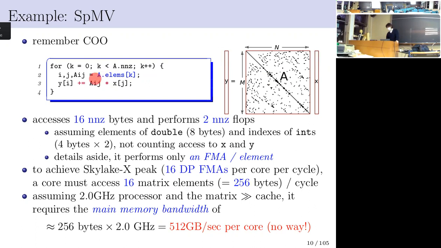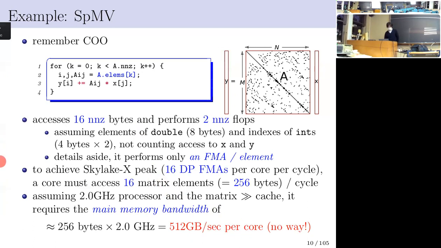If you do a simple back of envelope calculation, we need a memory bandwidth of something like 512 gigabytes per second per core, when the more realistic number is something like 100 gigabytes per second for the entire chip. It's not a single core, it's the entire chip.